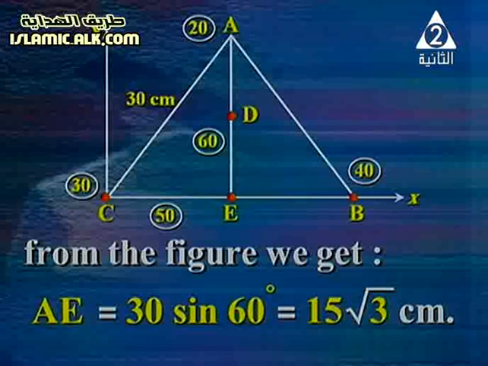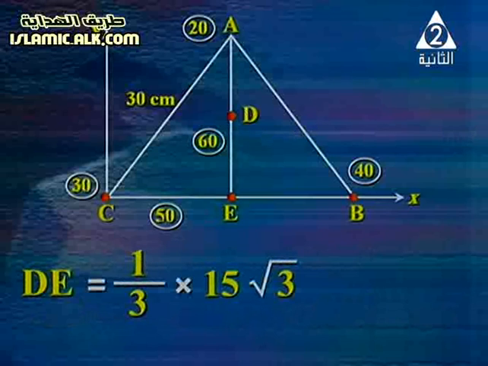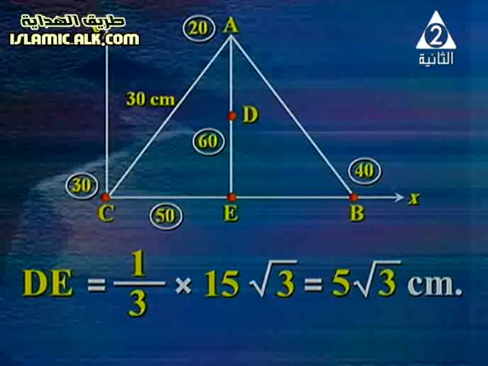This is the length of AE. After that, we know that DE is a third of AE. Why? Because D is the point of intersection of medians, the point of concurrence. D divides each median in the ratio 2 to 1 from the vertex, 1 to 2 from the base. Then DE equals a third times 15 root 3, which equals 5 root 3.